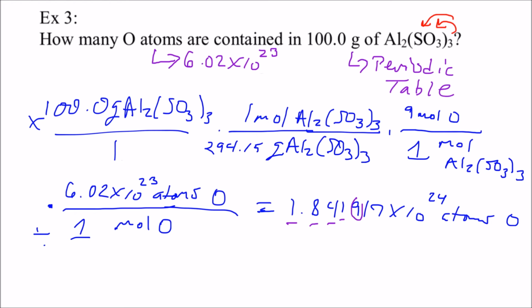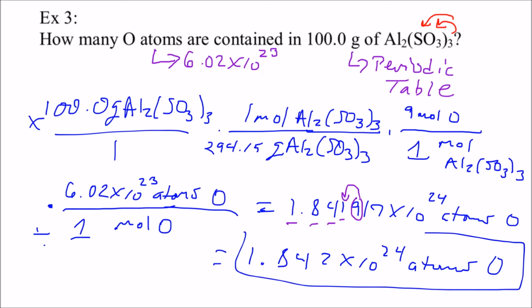And then this 9 rounds the 1 up. So the final answer then is going to be 1.842 times 10 to the 24th atoms of oxygen. So hopefully you got the same answer.